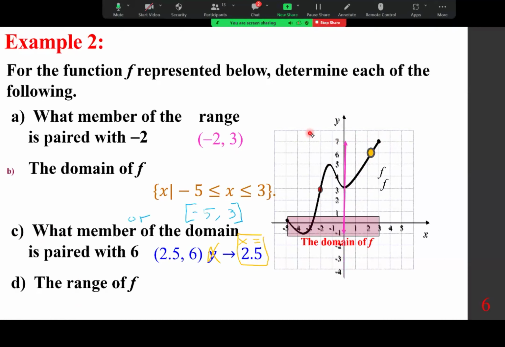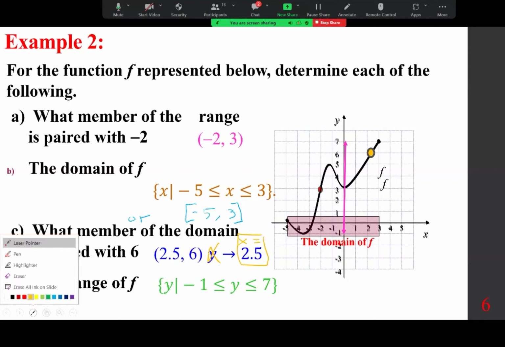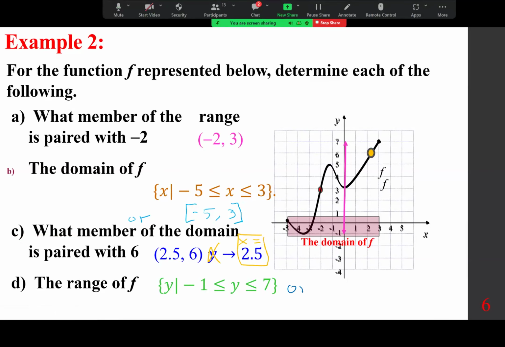So we can write from -1 to 7, y such that -1 is less than or equal to y less than or equal to 7. If I were to write it in interval notation, I could write it as -1, comma 7, both of them in brackets because the endpoints are included.